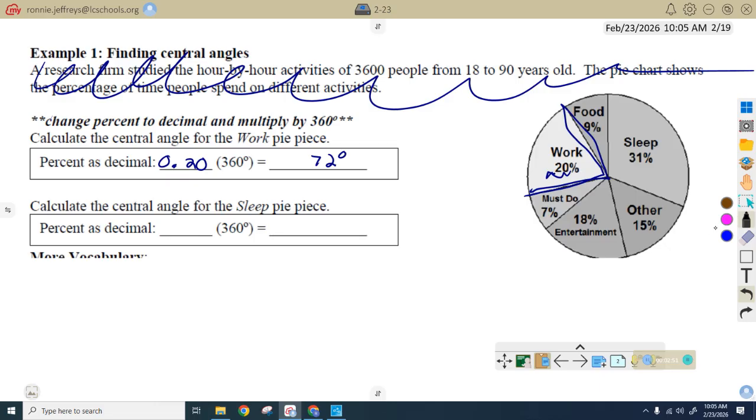Sleep, which is this one right here, 0.31 times 360. This is 111.6 degrees.